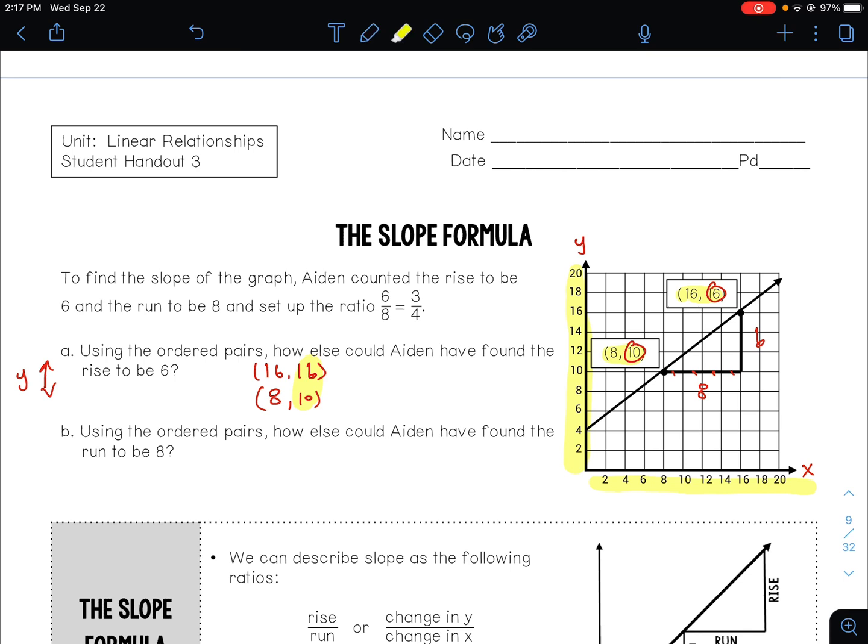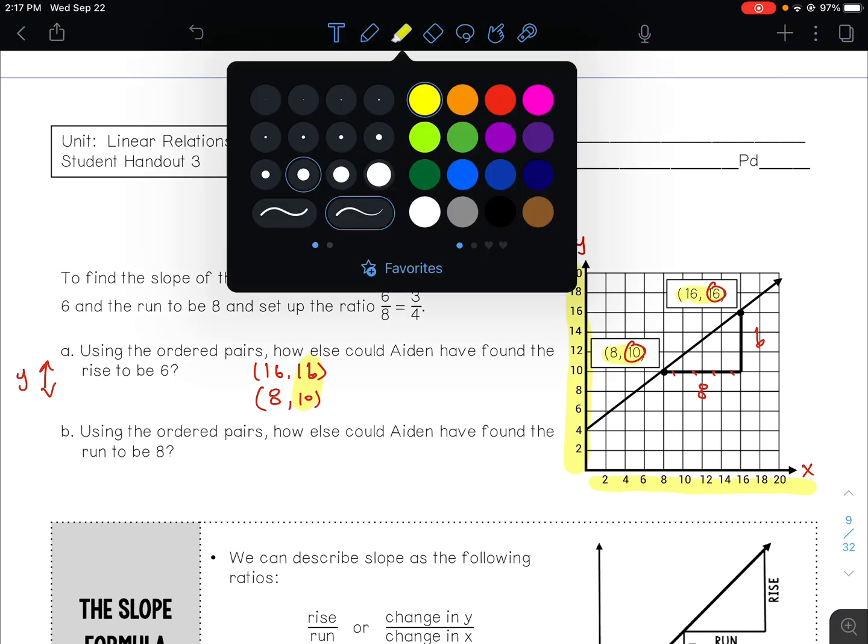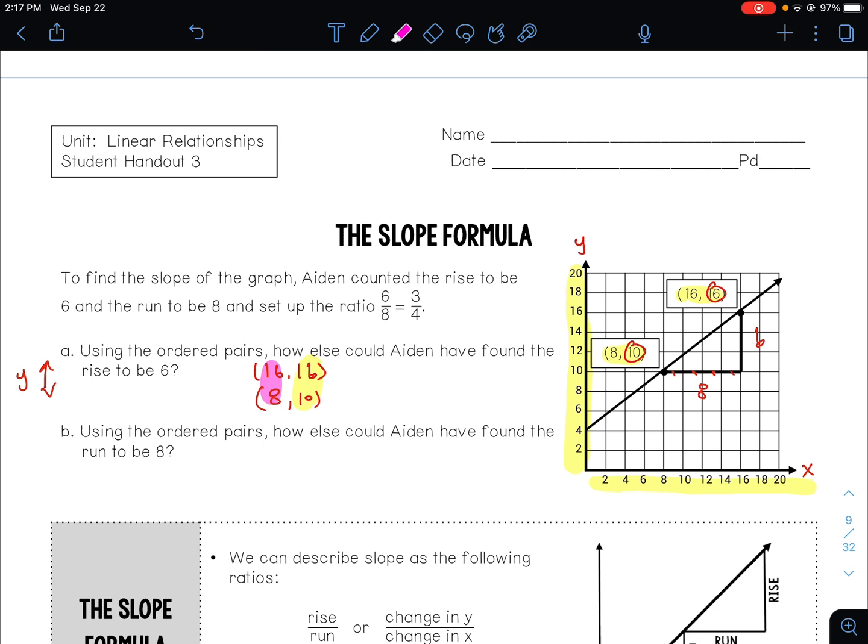The x values have nothing to do with that because the x values correspond with leftward and rightward movement, like left and right. So you could have just subtracted the y values, or 16 minus 10, which equals 6.